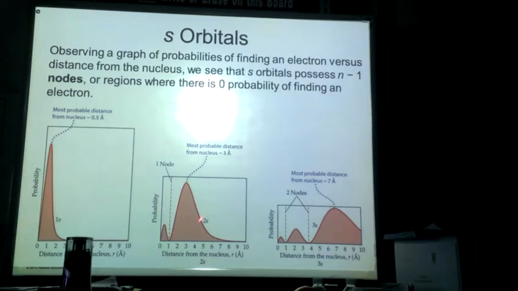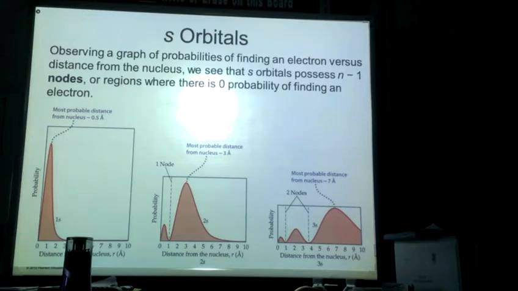So here, once I get 2s that's added in here, I see that the distance from the nucleus is now much further because now I've added on another energy level. Since that electron had to have gained some amount of energy to stay farther away from the nucleus, so weaker Coulombic attraction, I'm going to see a larger distance here from the nucleus. I add another one, let's add the 3s, and now I see that my distribution is becoming even more spread out.